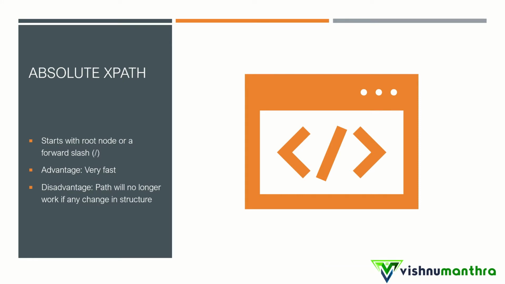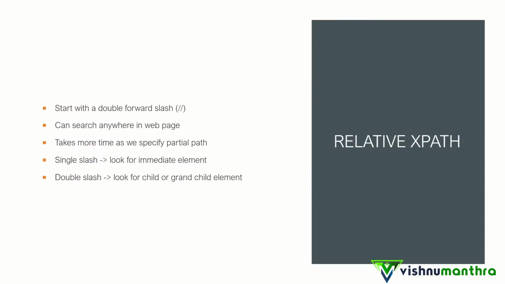And when it comes to relative XPath, what happens? We will simply tell that this person belongs to this particular district in India, and his street number is this, and his house name is this, and his name is this. So at that point, it has to go and search every district within India, right?